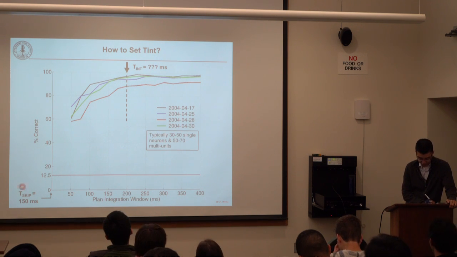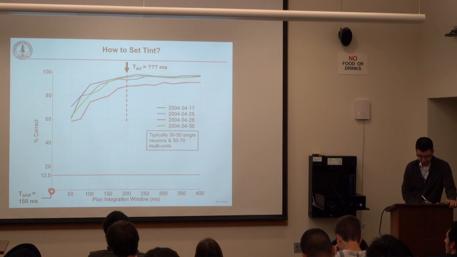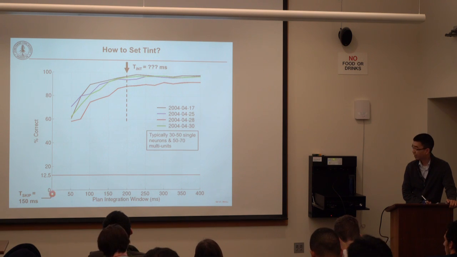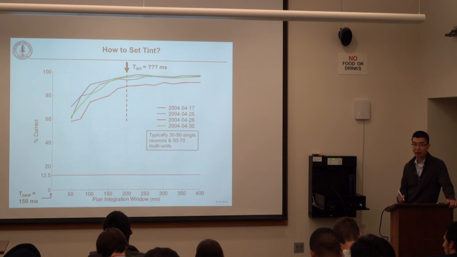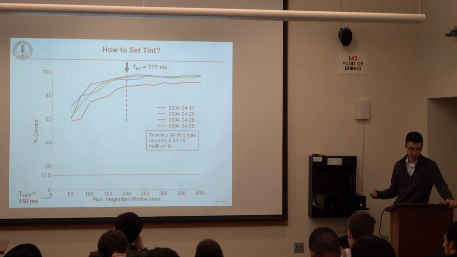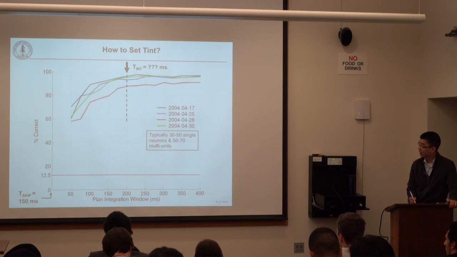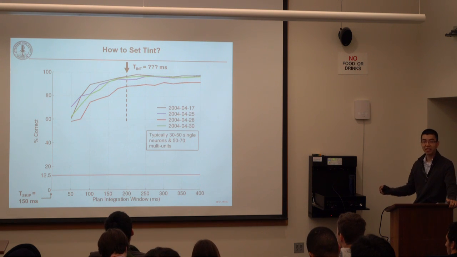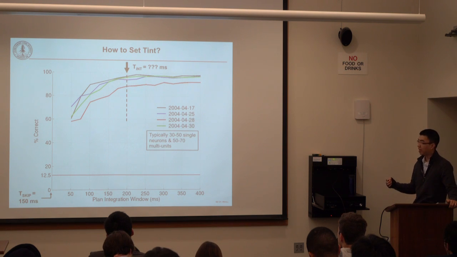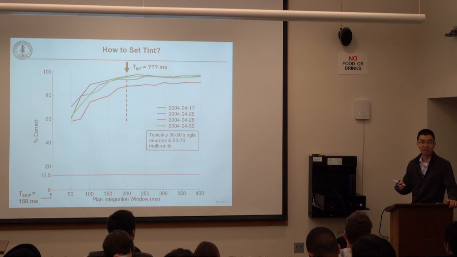We've already accounted for t-skip, so after t-skip, we're plotting on the x-axis how much time you spent integrating. Across all 4 days, they saw the intuitive result, which is that as you increase t-int, your accuracy increases. This makes sense because when you increase t-int, you get a better measure of the neuron's firing rate, right?